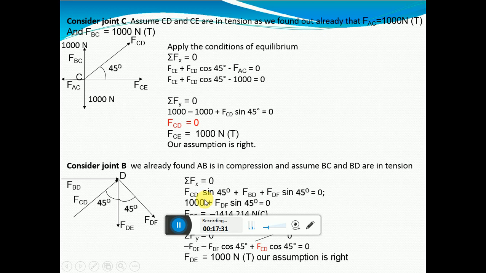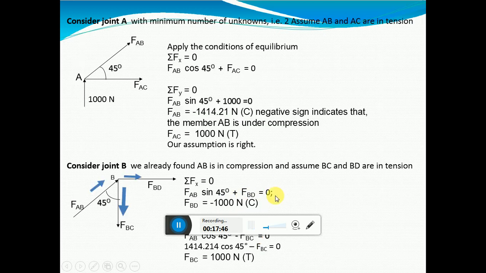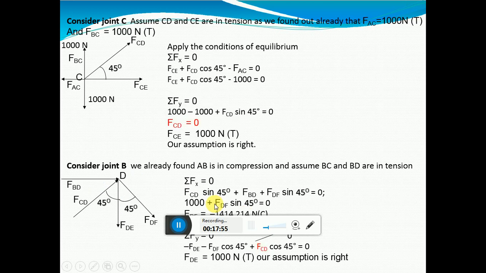Now substitute the values we have found out. We are supposed to find out FDF. FBD we have found it as 1000. Please note here, it was 1000. So we have changed the direction over here.